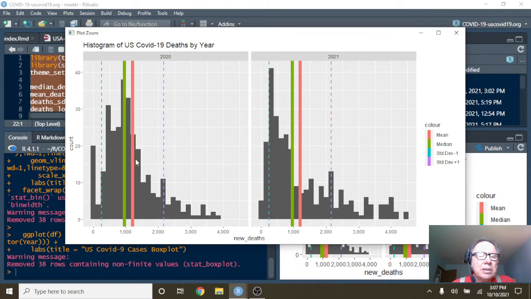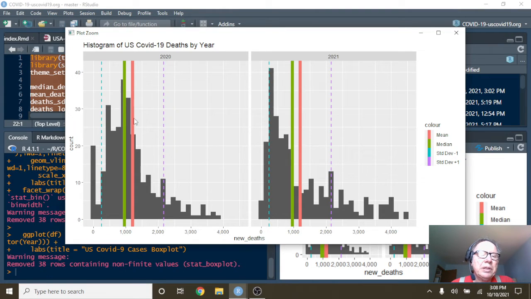So we may be able to conclude that in a right skewed histogram, the average or the mean is going to be to the right of the median. The two dashed lines are the plus or minus one standard deviation.